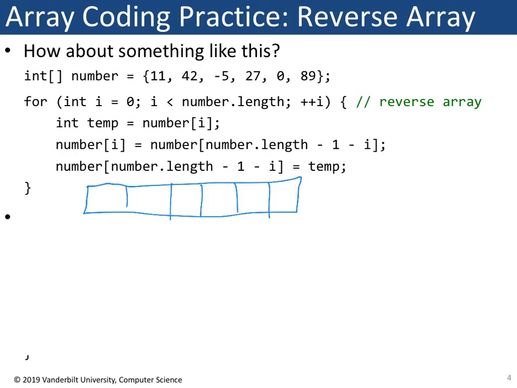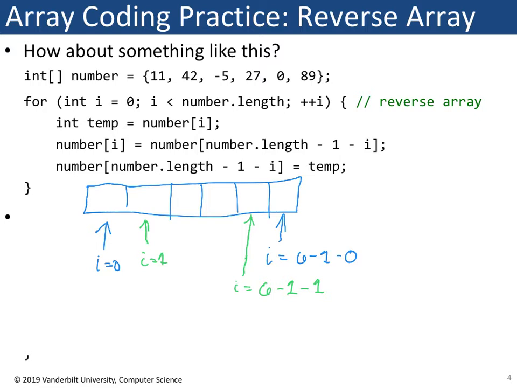So visualizing this, going back to our little visual, we are at I equals 0, and we are at I equals length 6 minus 1 minus 0. When I becomes 1, 6 minus 1 minus 1, that's 4.